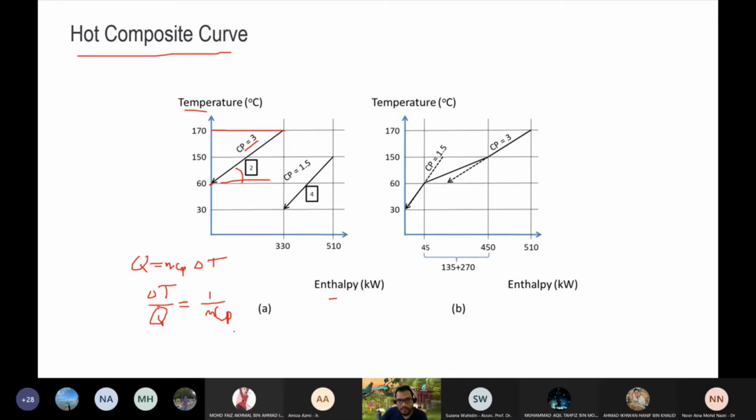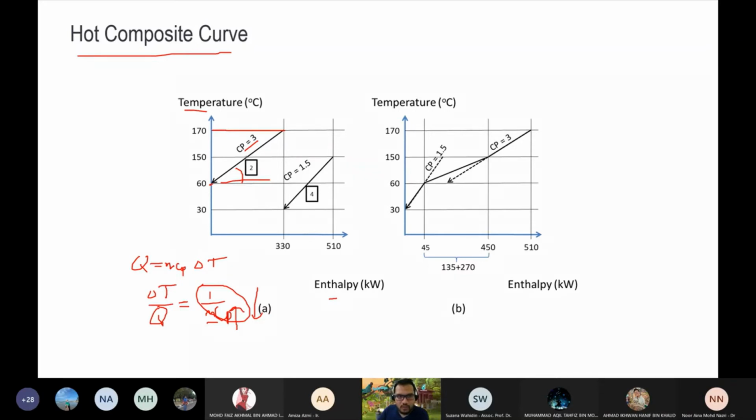If the MCP is high, the overall slope will become lower. If we have a big stream, a huge M, that makes the MCP high, which means the slope will become shallower.